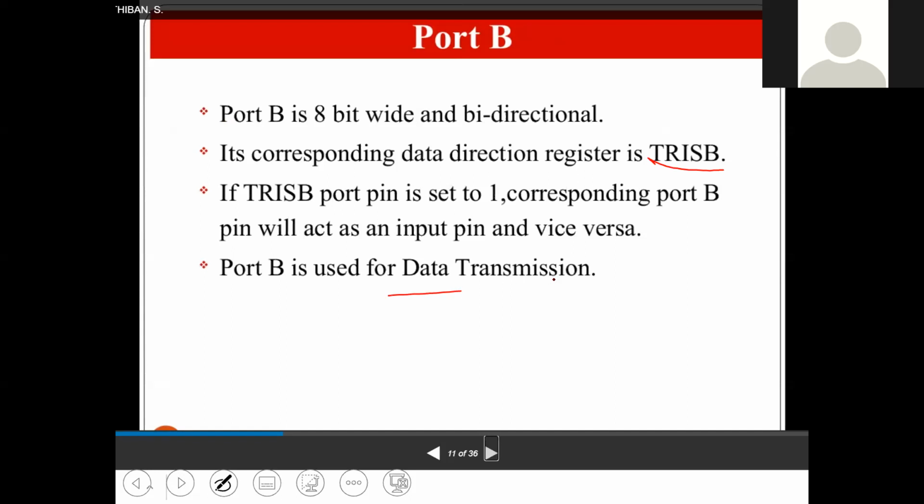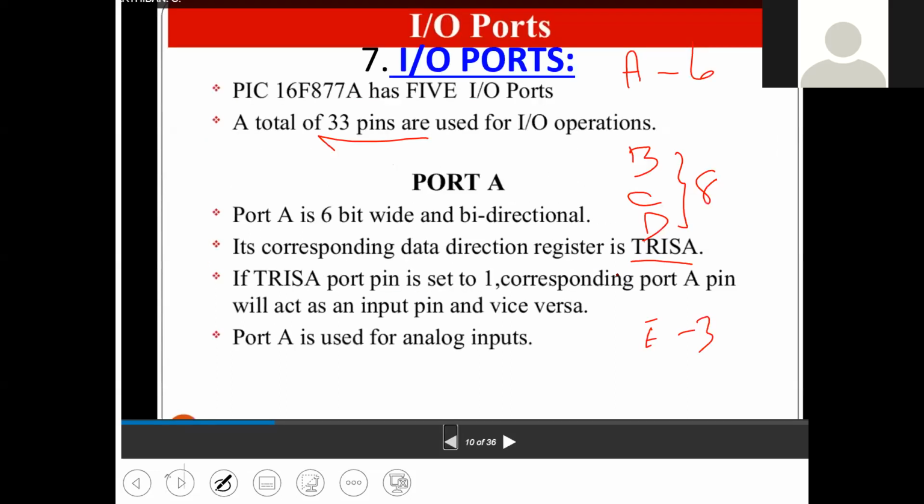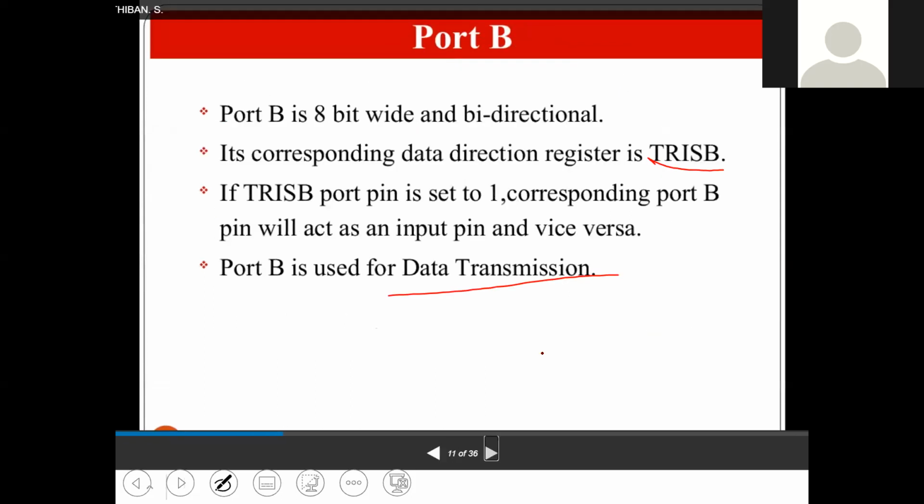Port B is mainly used for data transmission. Port A is mainly used for analog inputs. We have external features like an analog to digital converter and digital to analog converter. So port A is used for analog input, and port B is used for data transmission.